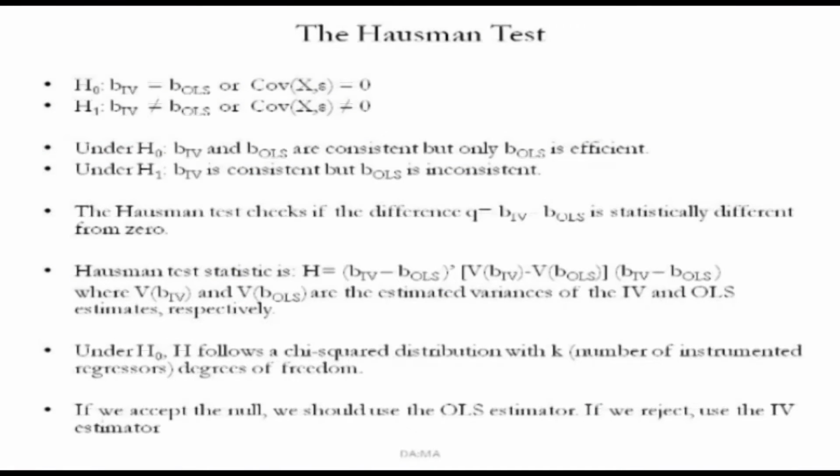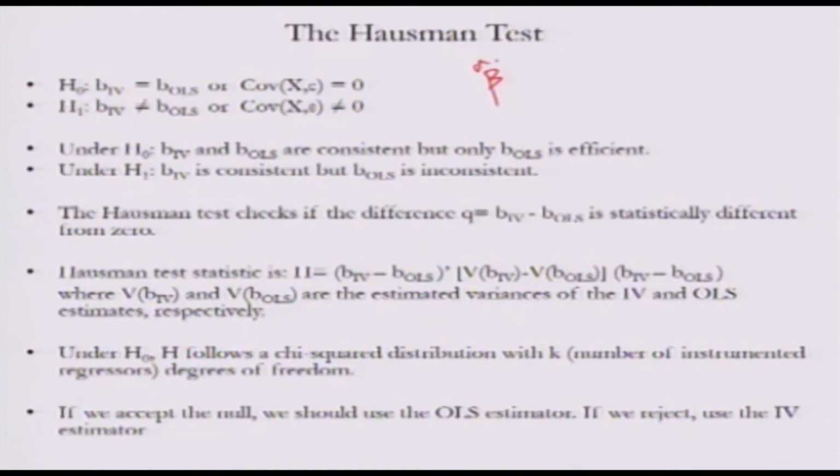So, the basic idea is the following. The null hypothesis is that B IV, or beta hat, is the same as B OLS. This happens when the covariance between X and the error term is 0, which in other words means that X is exogenous. Note that what we are assuming here is a valid and relevant IV.